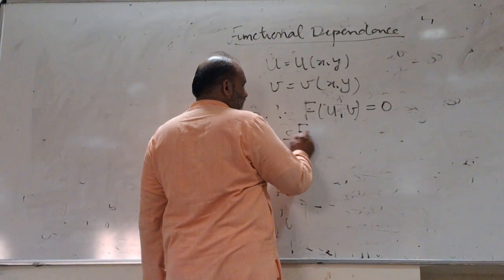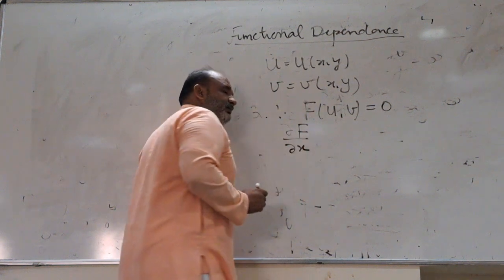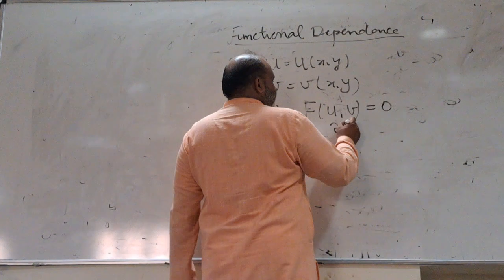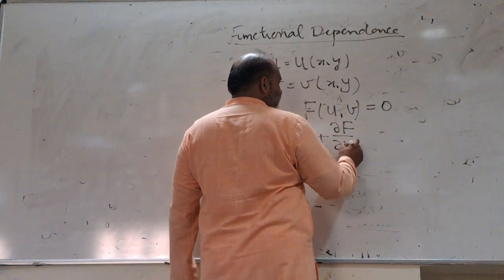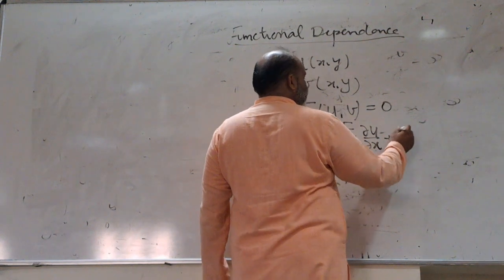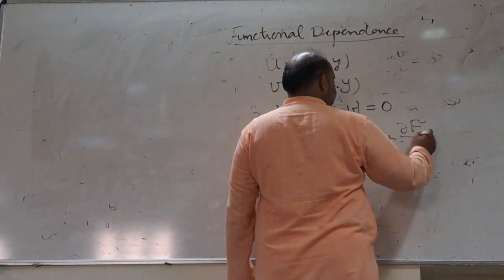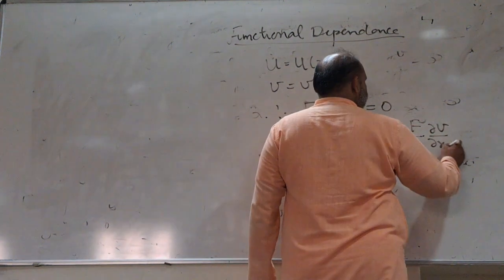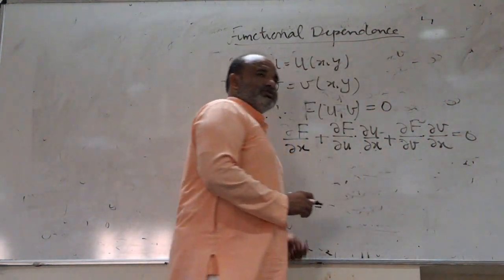That will be del F over del x plus del F over del u into del u over del x plus del F over del v into del v over del x is equal to 0.